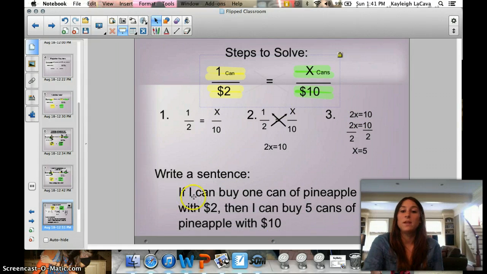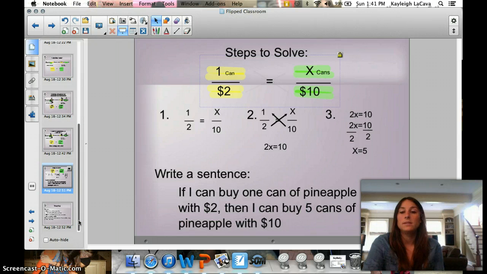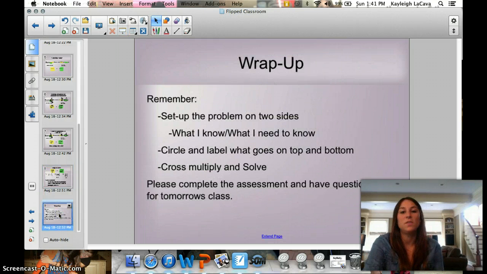And so we're going to write, if I can buy 1 can of pineapple with $2, then I can buy 5 cans of pineapple with $10. Okay, so we need to make sure we're labeling correctly and deciding what goes where. So that is how you're going to find information, plug it into a proportion equation, solve for the proportion equation and write a sentence stating how we solve.